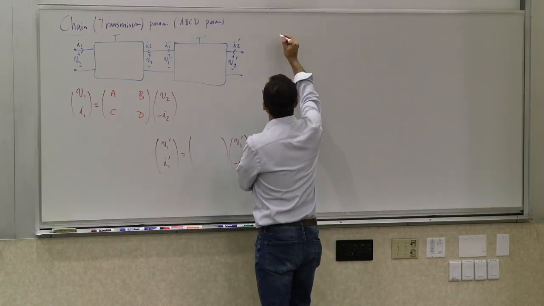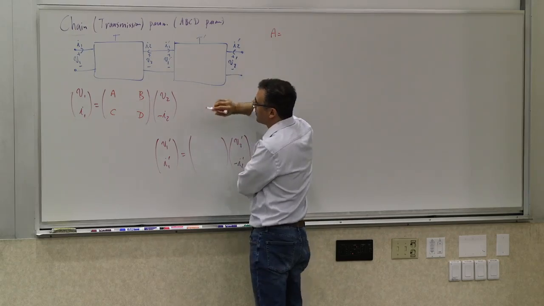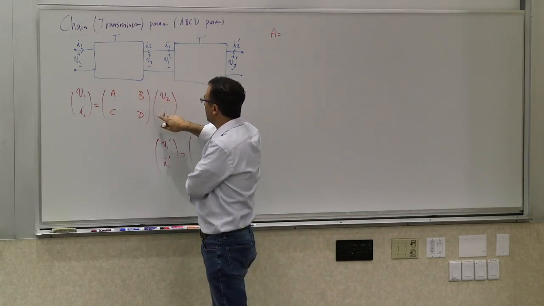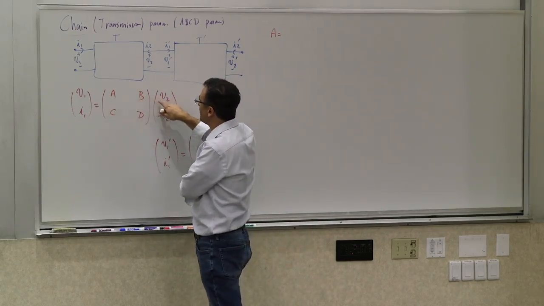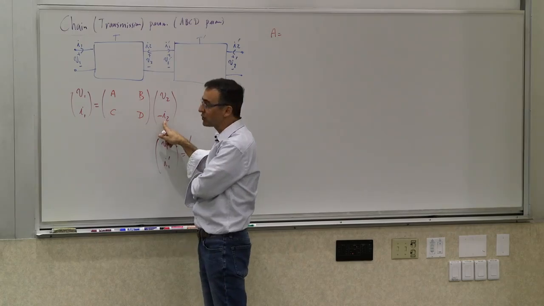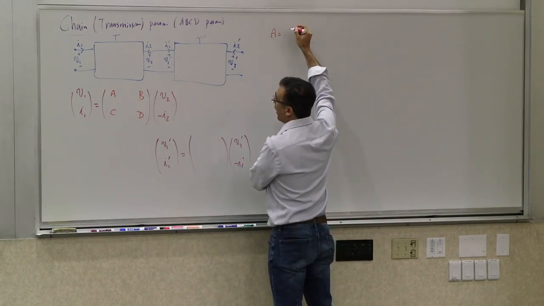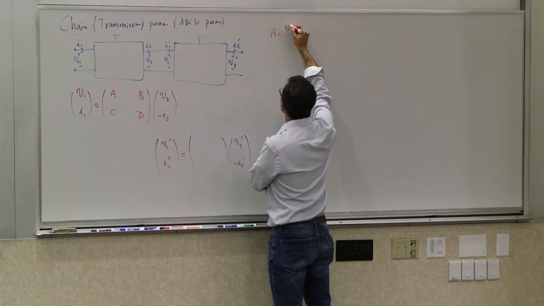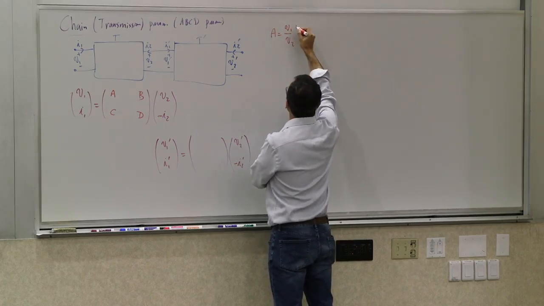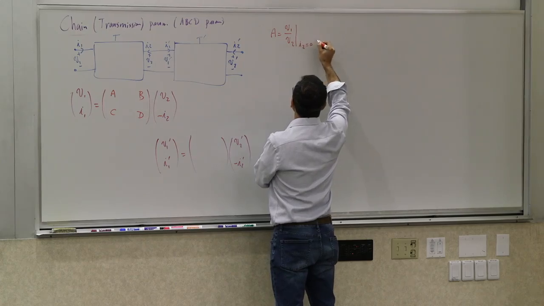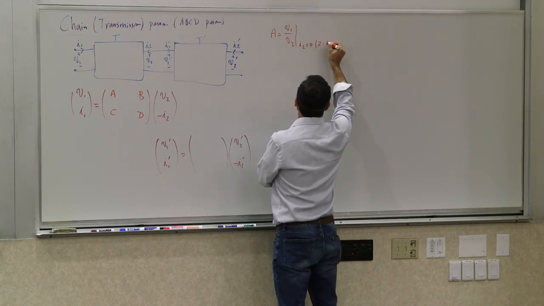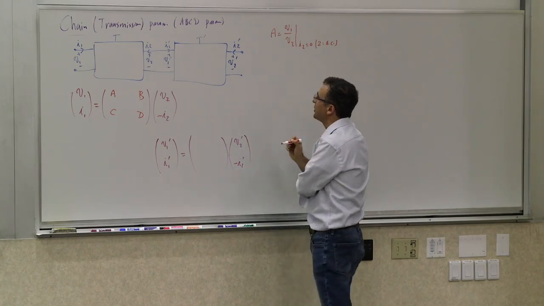So for example, A is what? A times V1, you have A V2 equals V1 if you set I2 to 0. So A is essentially the ratio of V1 to V2 when I2 is 0. In other words, port 2 is open circuited. So how do you evaluate that?